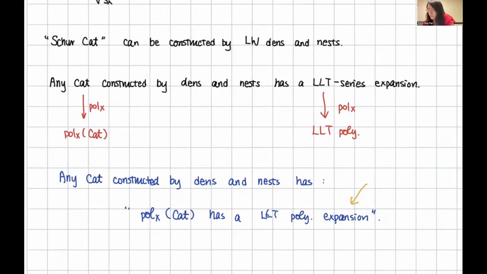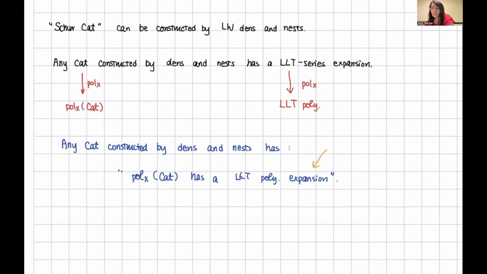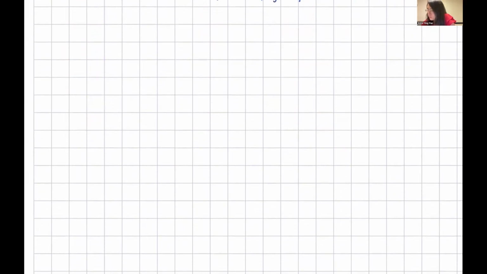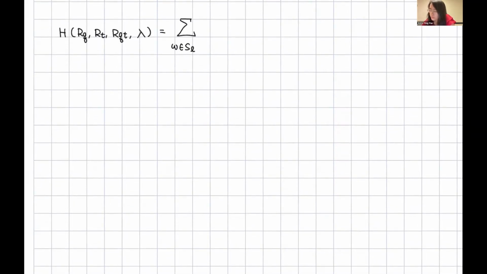Now I have been talking about lots of cats, right? To construct a cat, you have to have several things. So when we write a cat, we have this definition: H of RQ, RT, RQT, and then you have your favorite lambda, and then you have a big omega in SL. So you choose your favorite L. Then what are these RQ, RT, and RQT? They are just subsets of the positive roots.